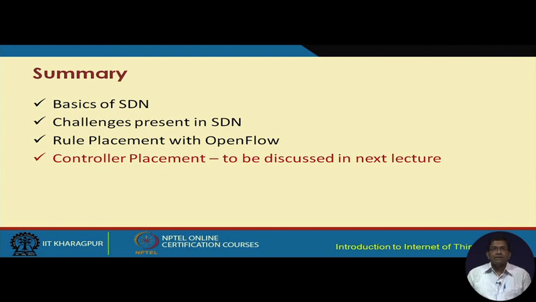So, to summarize, we have gone through the basics of SDN. We have understood the architecture for SDN. We have also understood that in SDN the whole idea is to separate the control plane from the data plane, and there is a centralized controller, typically implemented in a server, that takes care of the control logic while any flow is received at each of these different switches or routers.